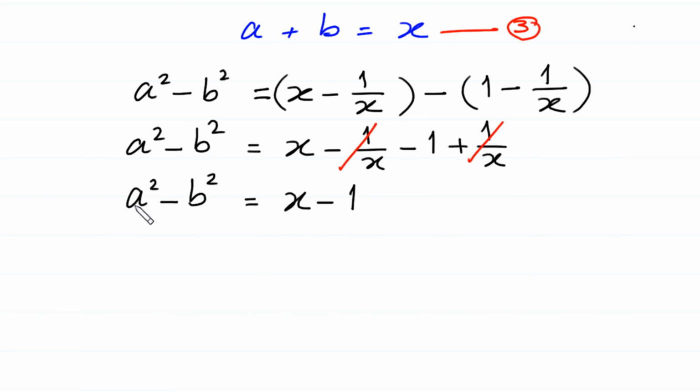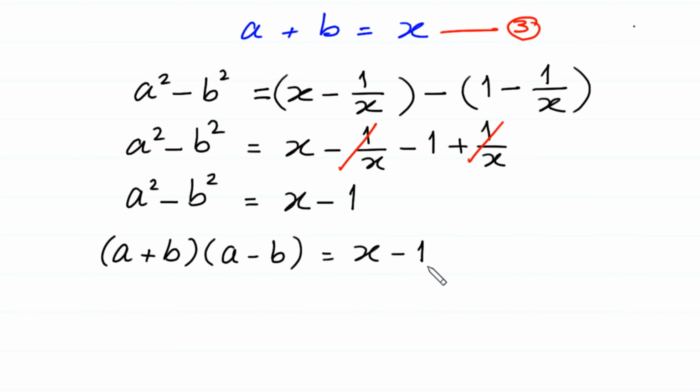And according to an algebraic identity, a square minus b square is equal to a plus b times a minus b is equal to x minus 1.